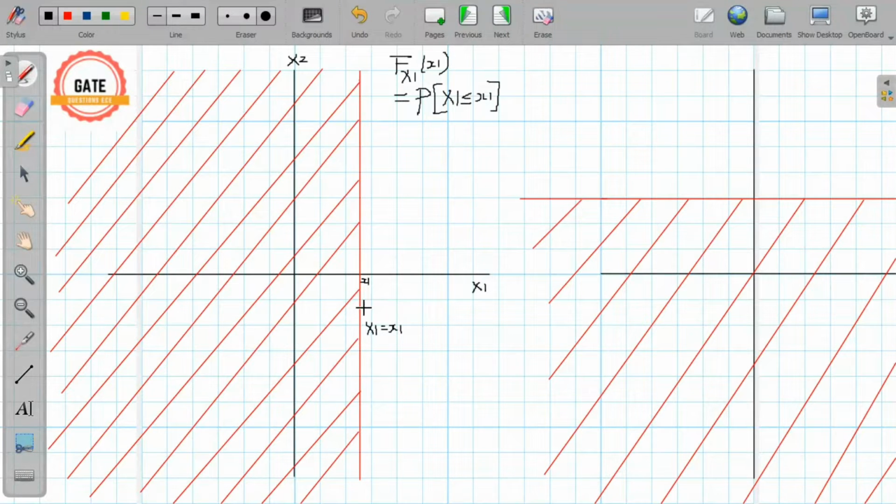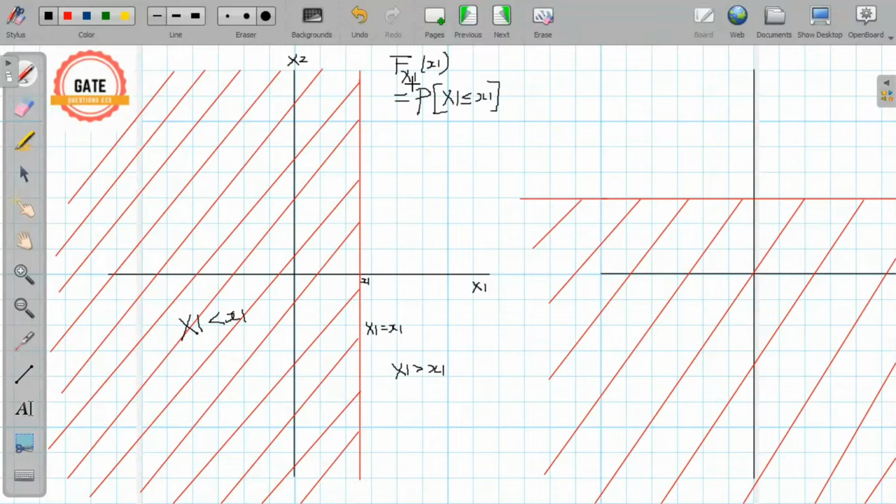The region lying to the right of this line is the region for which X1 is greater than small x1, and the region lying to the left of this line, this entire region that I have shaded here with red pen, is where capital X1 is less than small x1.